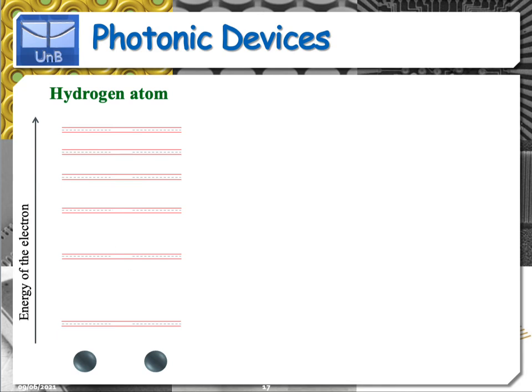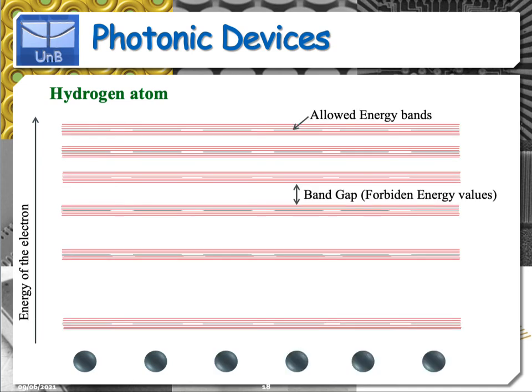Now, what if we extrapolate and bring even more atoms to this mixture? In this case, what would be a one-dimensional lattice, a 1D crystal structure, for every additional atom you would have additional splitting of the energy level. So you'd have many discrete energy levels.